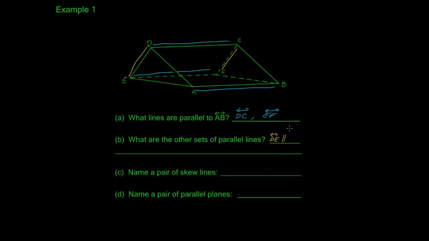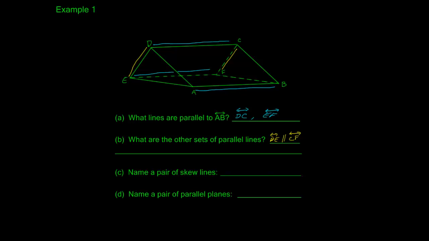You'll see two lines running in between our two sets, which then we can put here CF. So this reads that line DE is parallel to line CF. When you read that, that is how it is read.